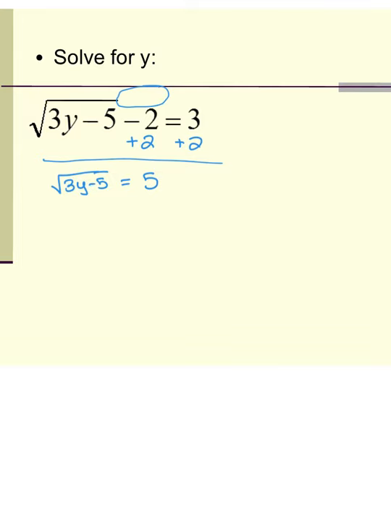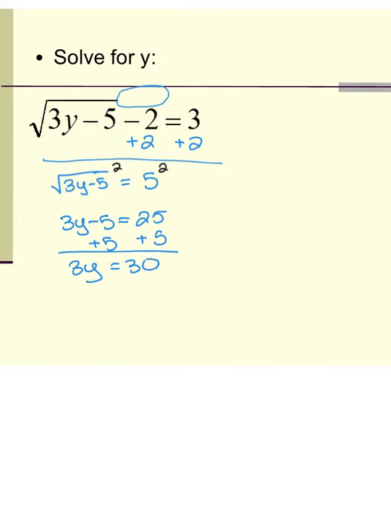Now to get rid of the square root, I'm going to square both sides. So now I have 3y minus 5 equals 25. I'm going to solve my equation. I get y equals 10.